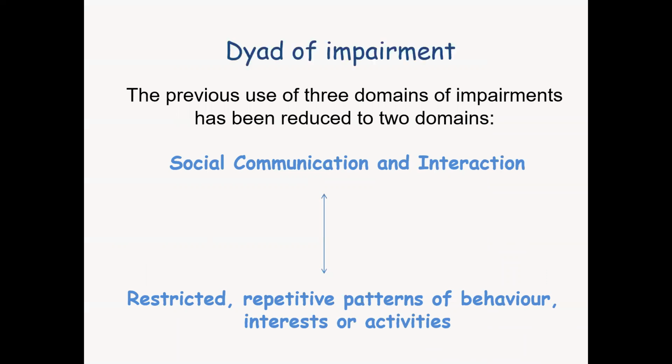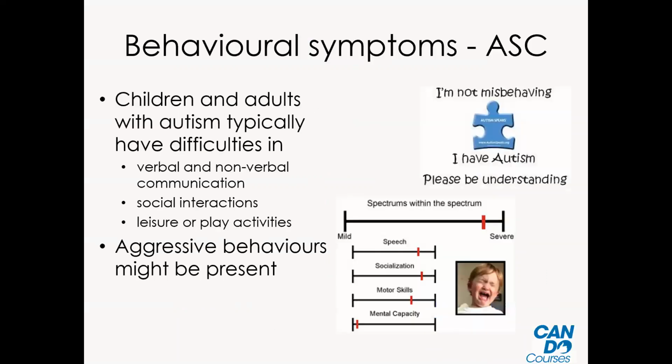And one thing we know is that behavioural symptoms are very unique to the individual. I always say if you've met one person with autism, you've met one person with autism. It's like everything, and there seem to be spectrums within the spectrum.